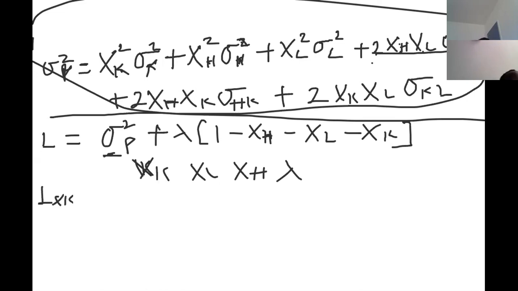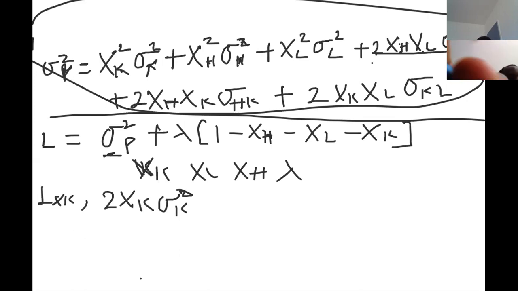Now look at something. When I differentiate this with respect to SK, there's K here, so it's going to give me 2 SK variance of K, the first part. Now let's check again.